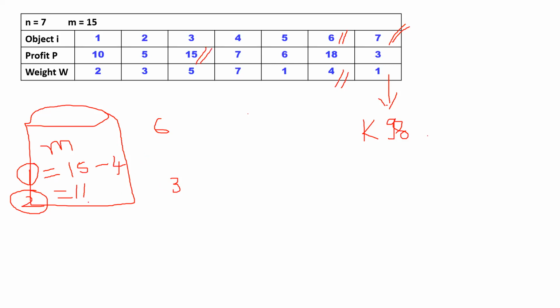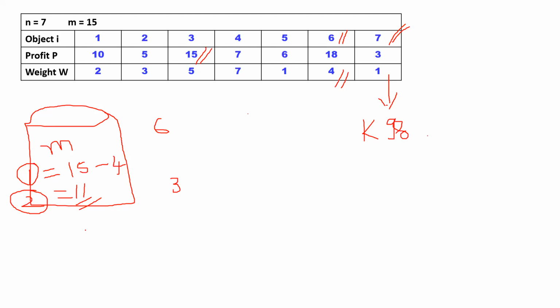Can I select this object? No, I cannot, because the remaining capacity of the bag is only 11. So in each stage, I'm going to select an object with the highest profit.